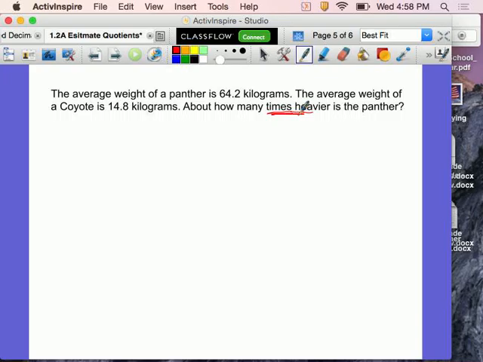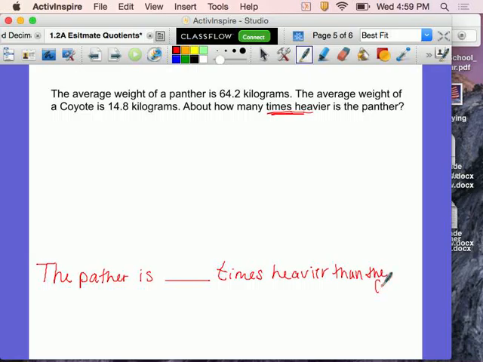So like, for example, I'm going to write my sentence first on this one. I want to know how many times heavier the panther is. So I'm going to kind of restate the sentence there, like we do in Mrs. Brandt's class. The panther is blank times heavier than the coyote.